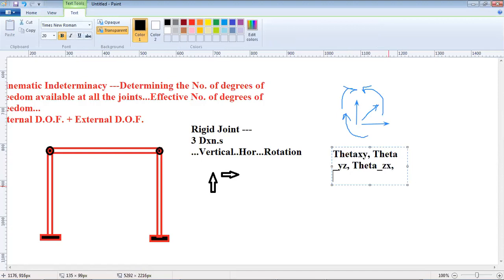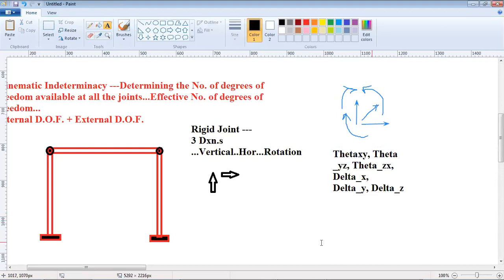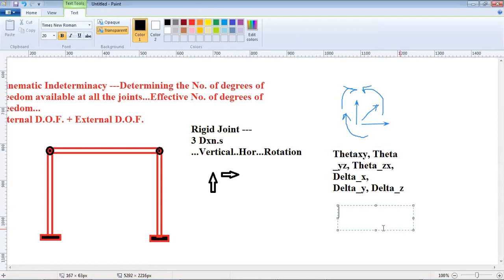Then you have translations, which you say delta x, delta y, and delta z. So these are the 6 degrees of freedom for a 3D rigid joint.